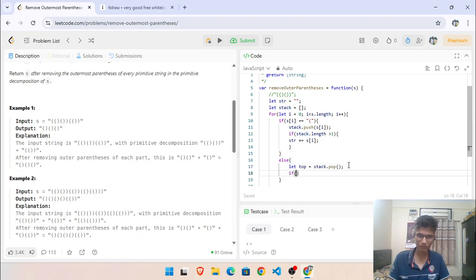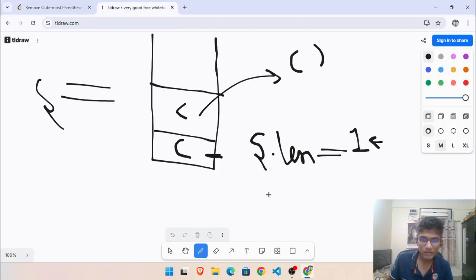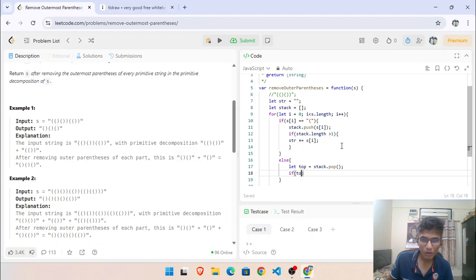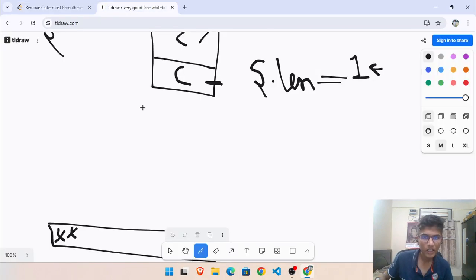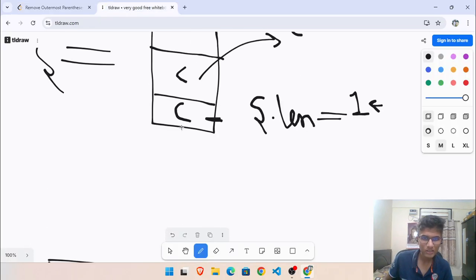If top is equals to, if we got a top like this, top is equals to stack dot pop. So see, here we don't need to do this condition checking. Why?